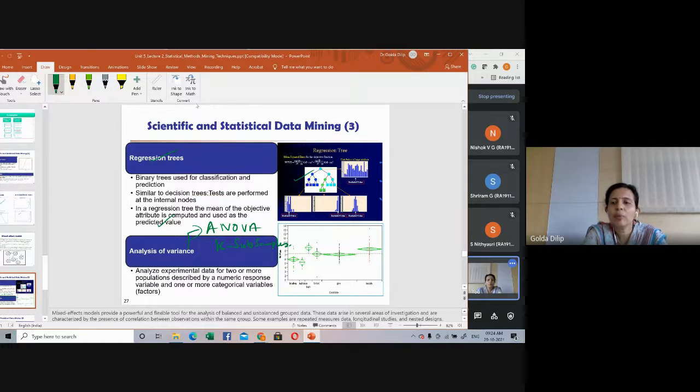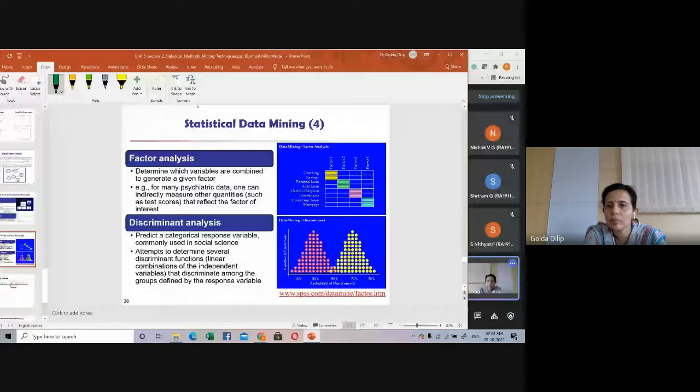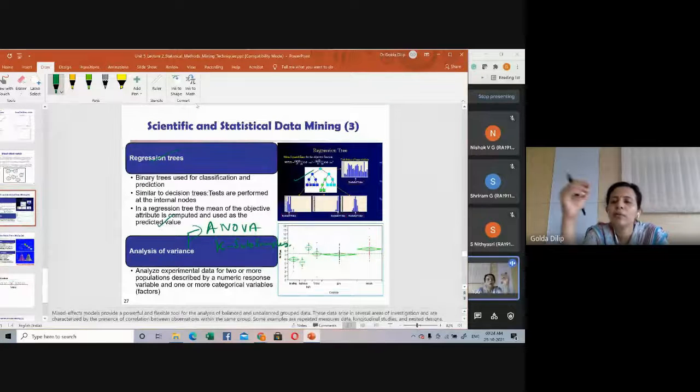Let me give you an example of a situation where the ANOVA test is useful and how it is applied. I'm not going into the details of performing an ANOVA test and showing how it works. Rather, a business situation where exactly an ANOVA test is used.